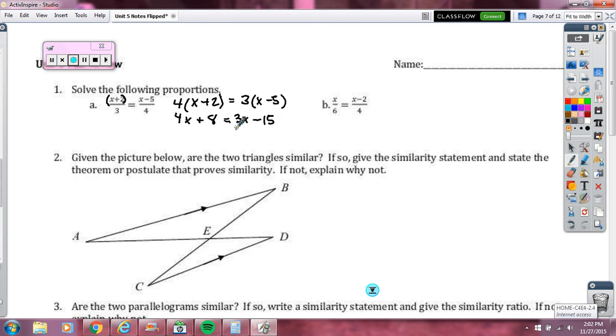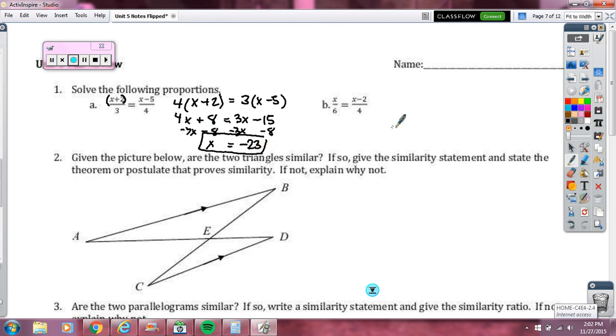And now let's maybe subtract 3x from both sides, and then subtract 8 from both sides. So I would have, let's see, x equals negative 15 minus 8, which would be negative 23.